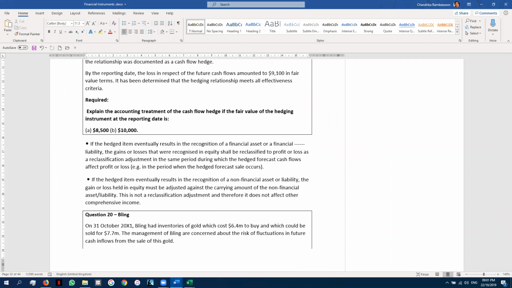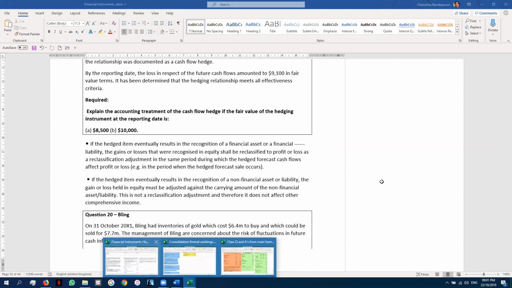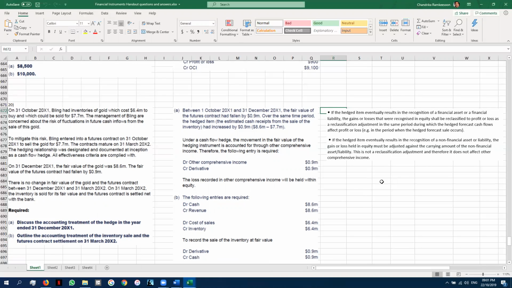If the hedge item eventually results in the recognition of a financial asset or a financial liability, the gains or losses that were recognized in equity shall be reclassified. Now, in this example, the gold itself was sold for its fair value. When the gold is sold, it would create cash.